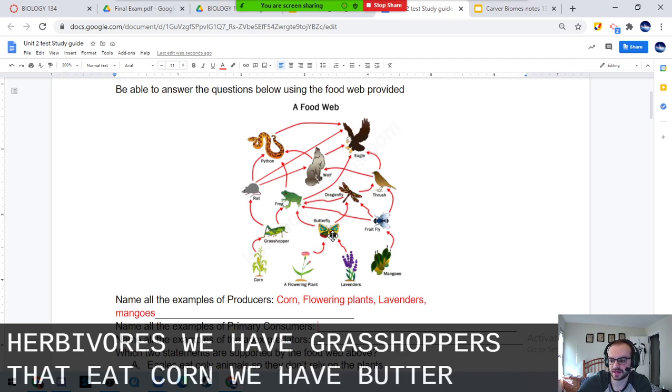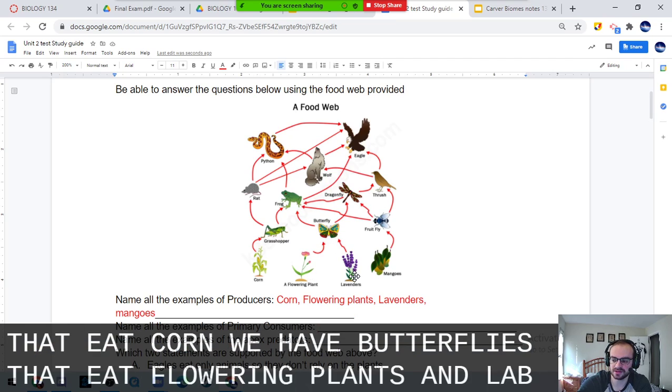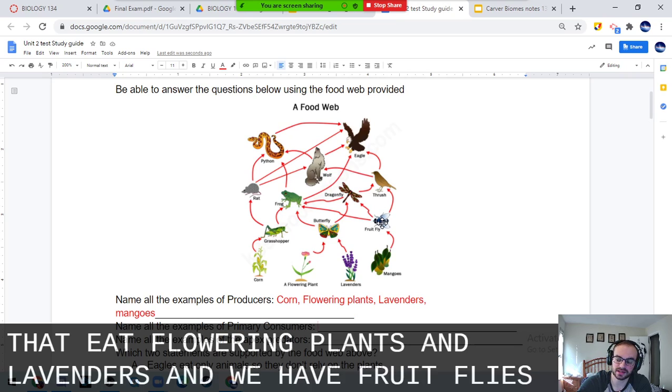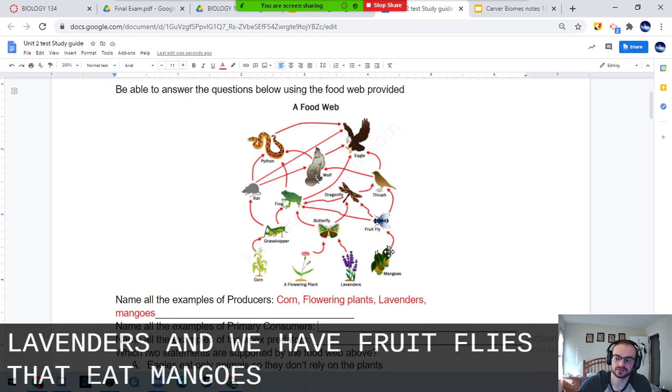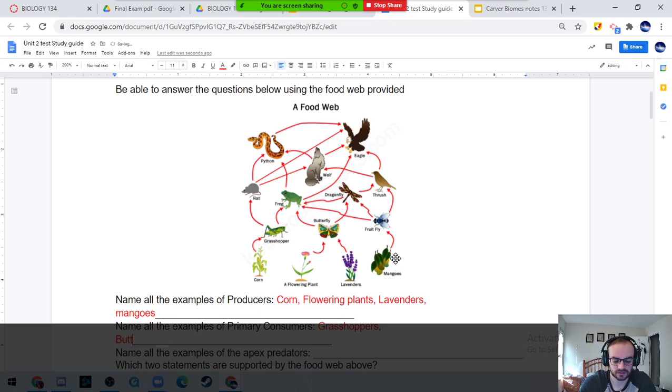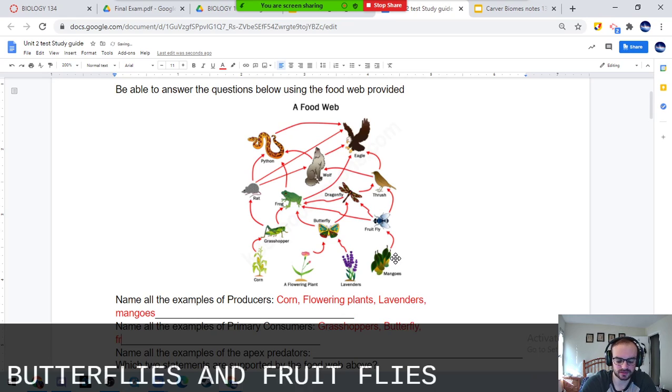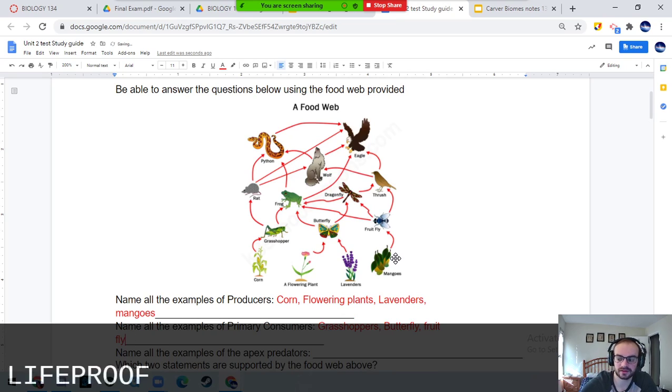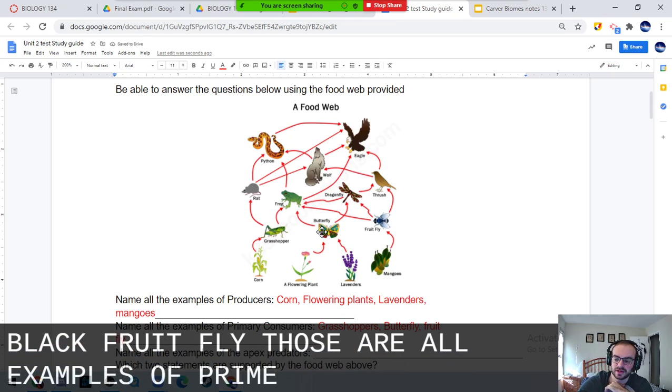We have butterflies that eat flowering plants and lavenders. And we have fruit flies that eat mangoes. So our answers would be grasshoppers, butterflies, and fruit fly. Those are all examples of primary consumers.